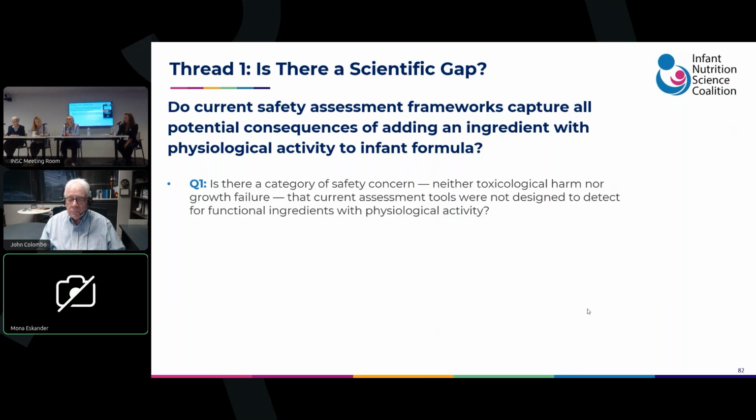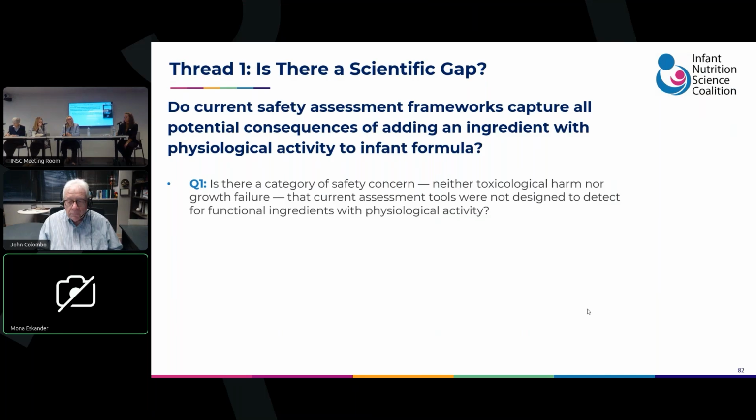So yes, there is a recognized regulatory category where an ingredient is not toxic in the classical sense, yet the scientific determination requires broader developmental and system-based evaluation.